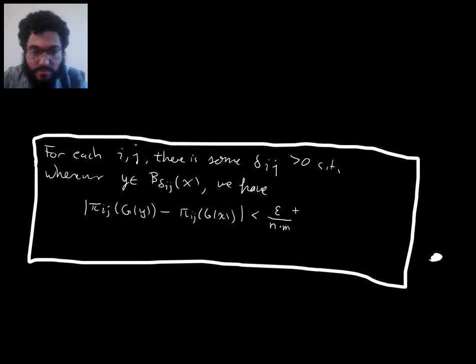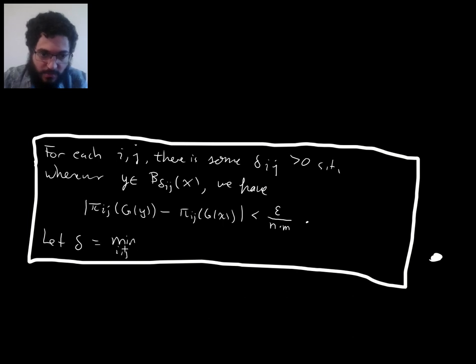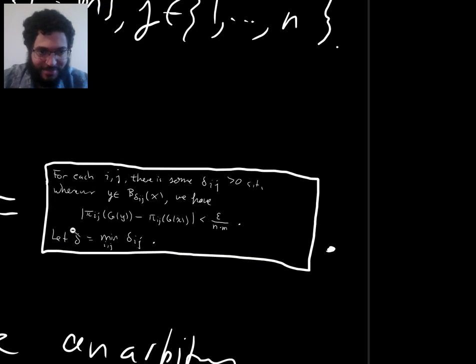That's because that sum down there has n times m terms in it. And then here's how I'm defining delta. It's going to be the minimum over all of these n times m delta ij values. Okay, so there's our definition for delta.